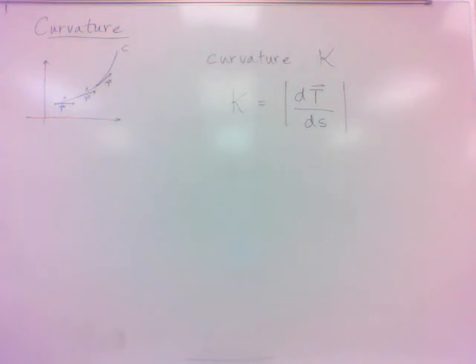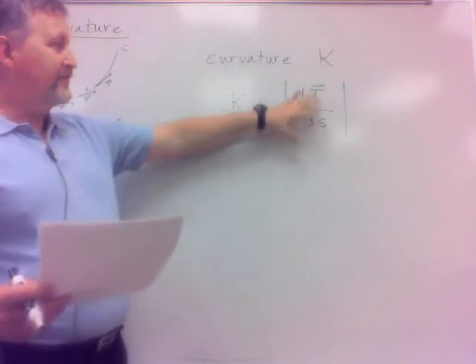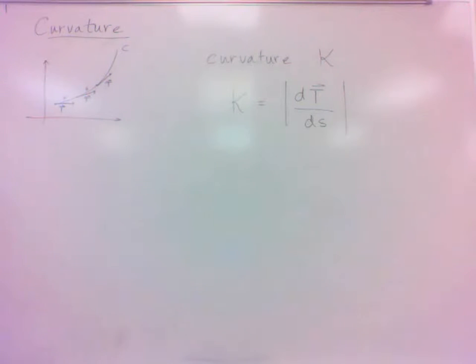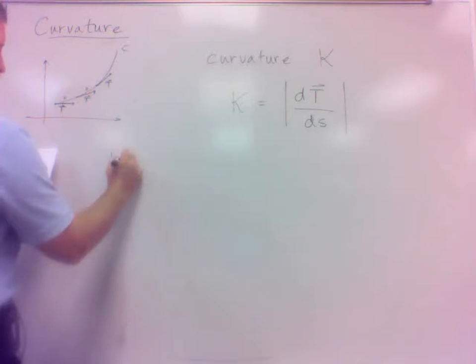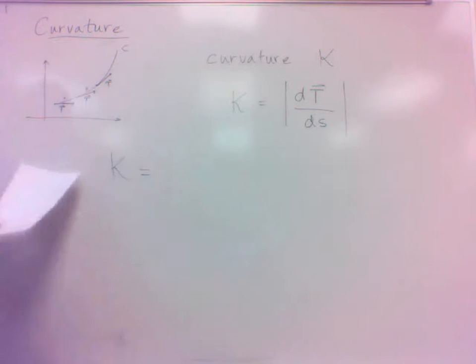All right, now it's a little easier to compute, because there are a lot of formulas involved in that. It's a little easier to compute because most of our curves are parameterized with time, so if we have a formula for the curvature in terms of time t. Let's see if we can convert the curvature to be in terms of t.